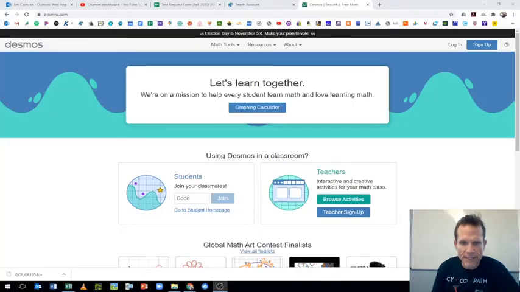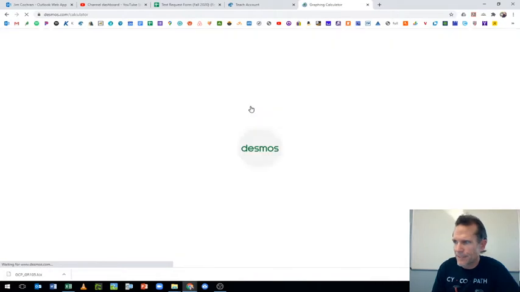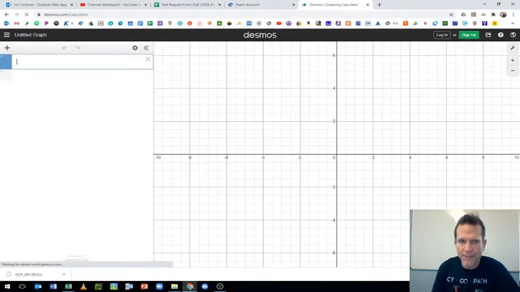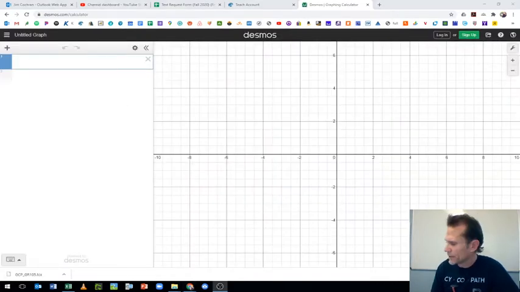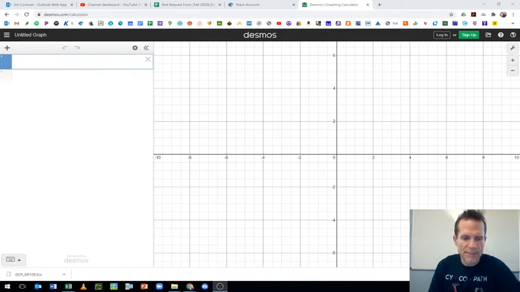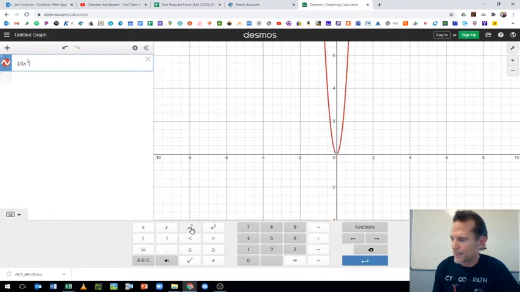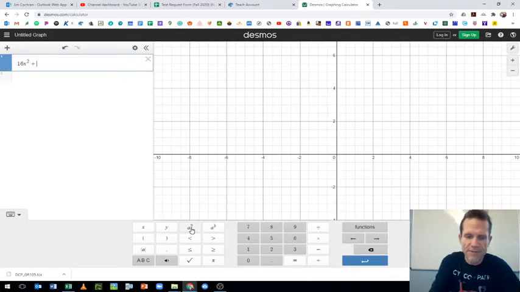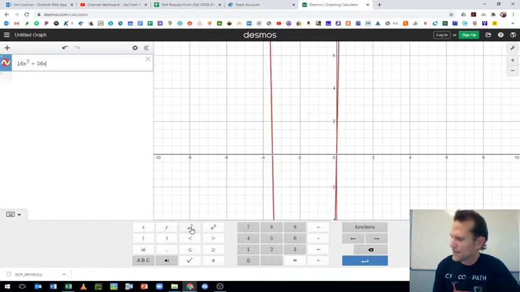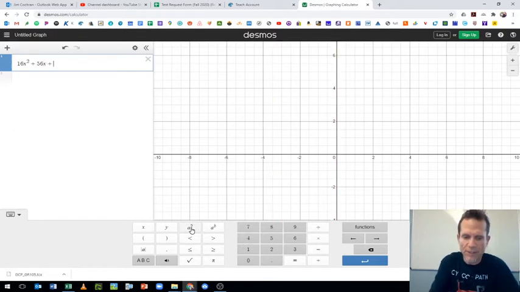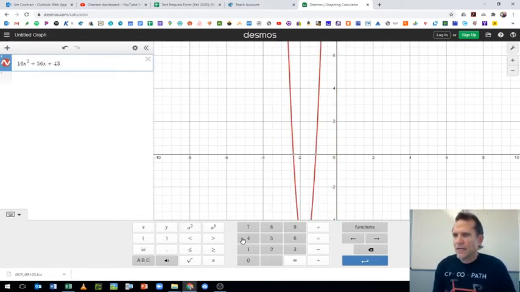So if I open Desmos and I type in that quadratic, now that quadratic was 16x squared. Remember, we have to get the squared from this little keypad here, plus 56x plus 43.